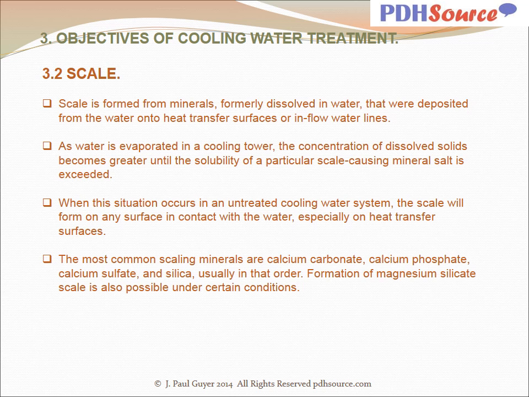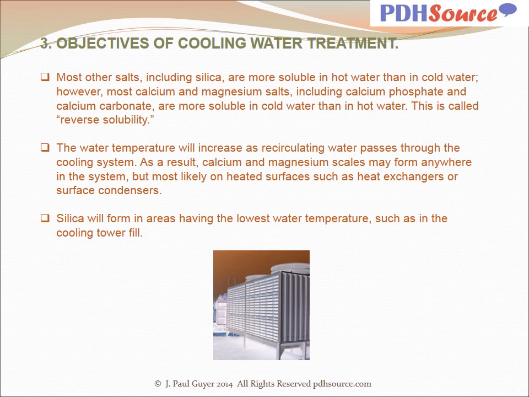When this situation occurs in an untreated cooling water system, the scale will form on any surface in contact with the water, especially on heat transfer surfaces. The most common scaling minerals are calcium carbonate, calcium phosphate, calcium sulfate, and silica, usually in that order. Formation of magnesium silicate scale is also possible under certain conditions.